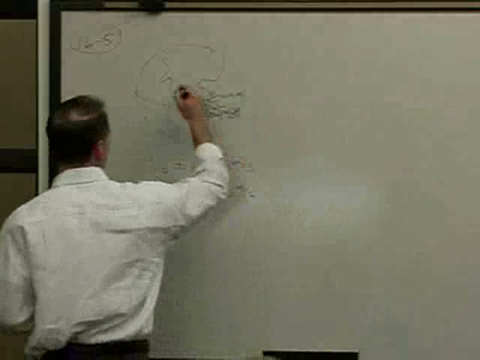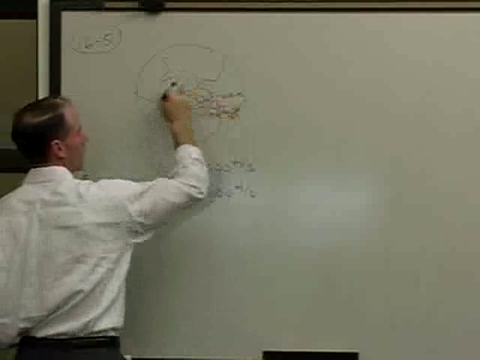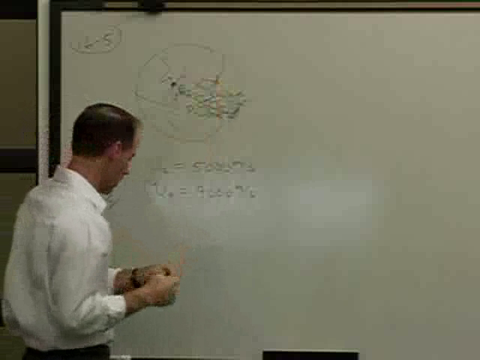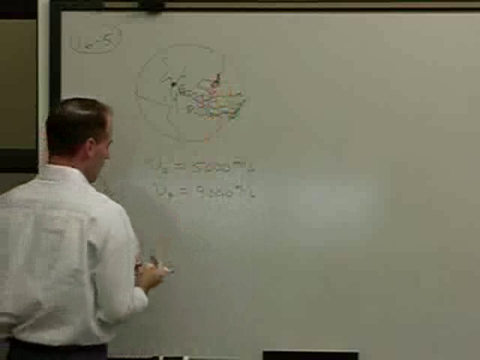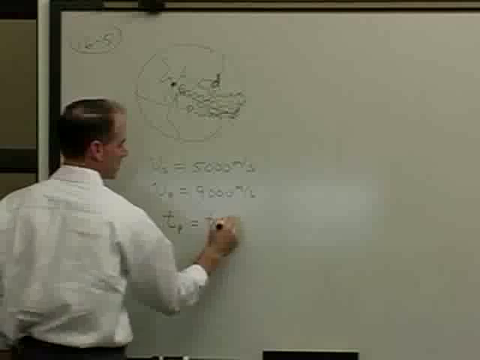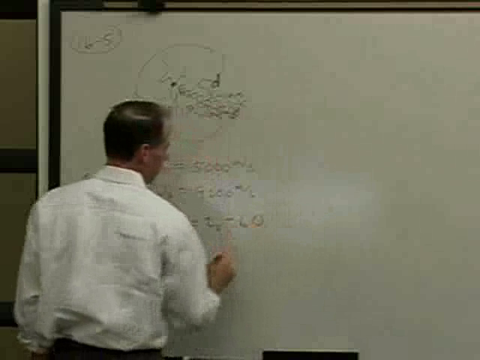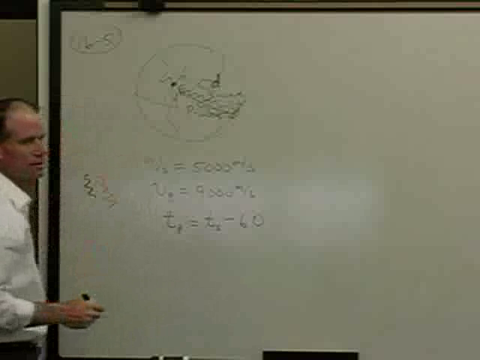Let's say we have a seismic station right here, a distance D away from the earthquake center. The time for the P wave is equal to the time for the S wave minus 60 seconds, because the P wave arrives 1 minute before the S wave. We want to find out what D is.